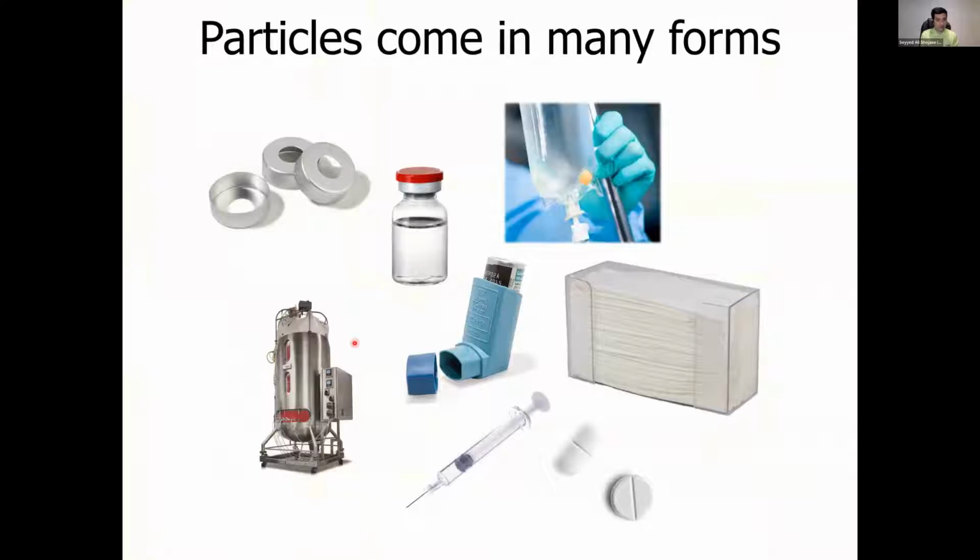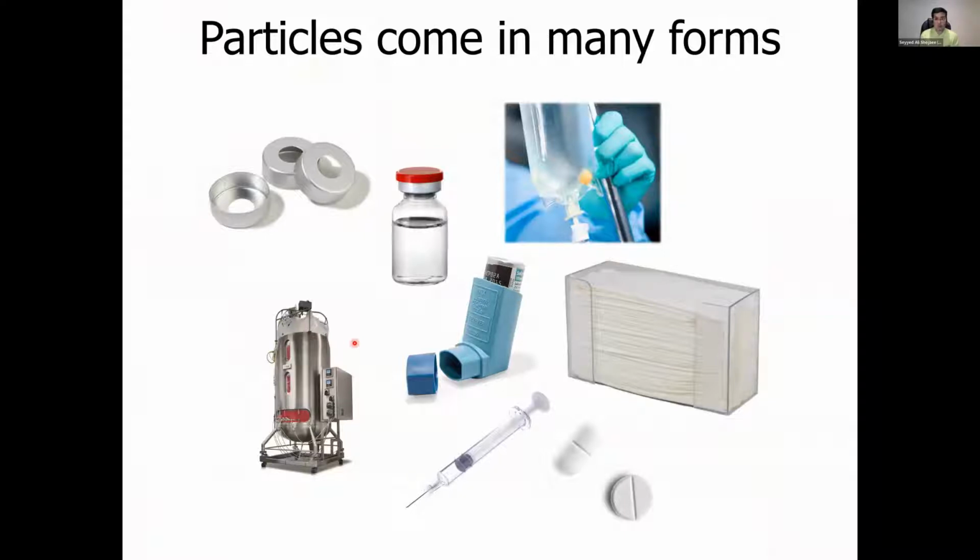The issue is when we are working with formulations, we may have particles that come in many different forms. They might be just protein aggregates, or they might be the results of corrosion in the pipes. They could be leftovers from cleaning material, or residues from the APIs.